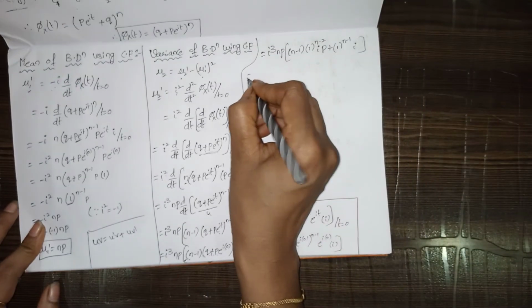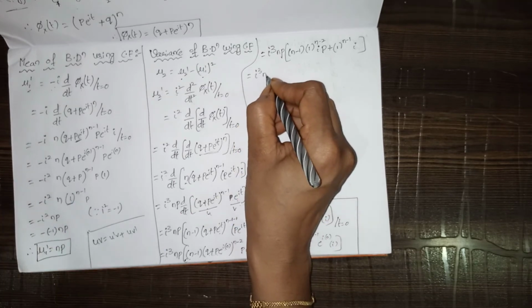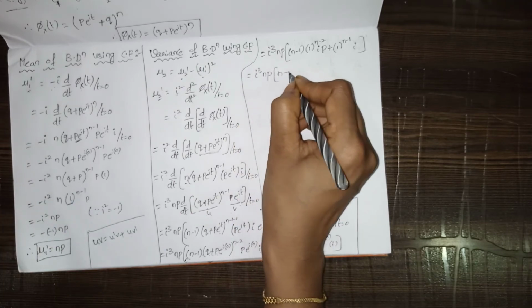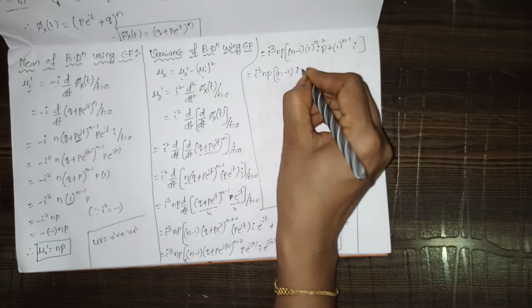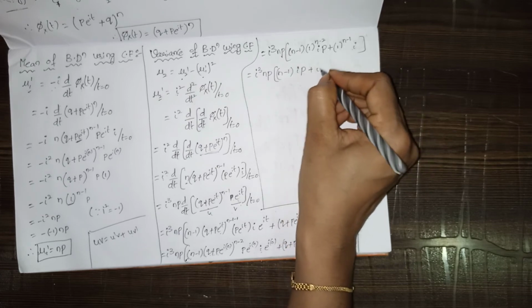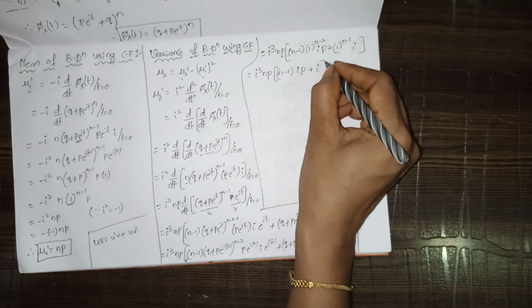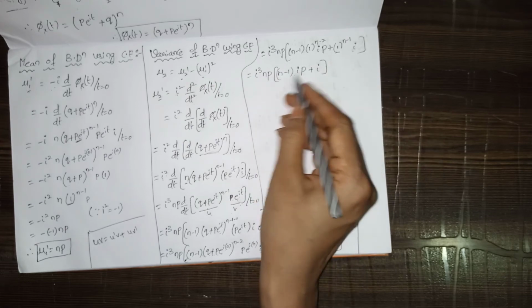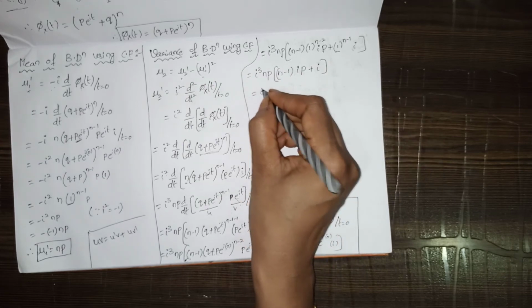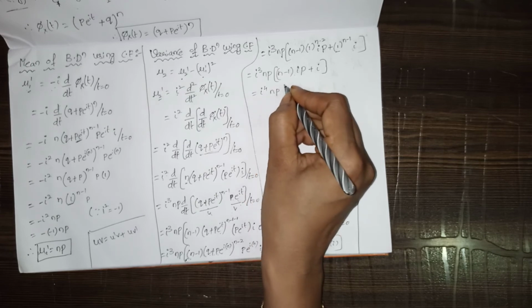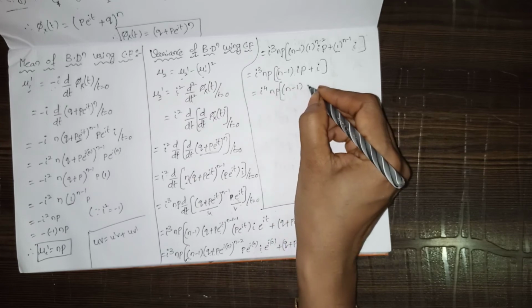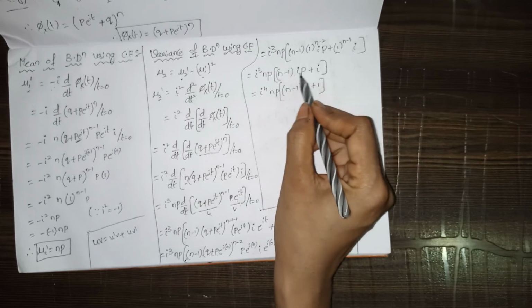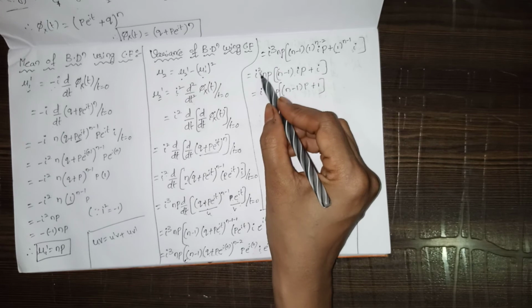So that equals i cube np into n minus 1 into 1 only we will get, into ip, plus here i only we will get. Here 1 we will get, here i. So in these both terms we'll take i as common. So i power 4 into np into n minus 1 into p plus 1. Why? Because here we took i as common. i cube is there, no?